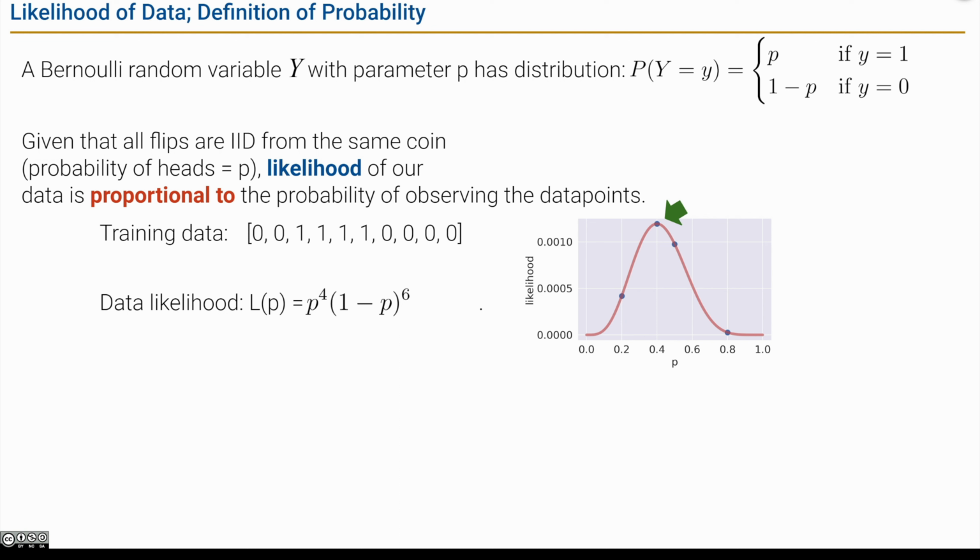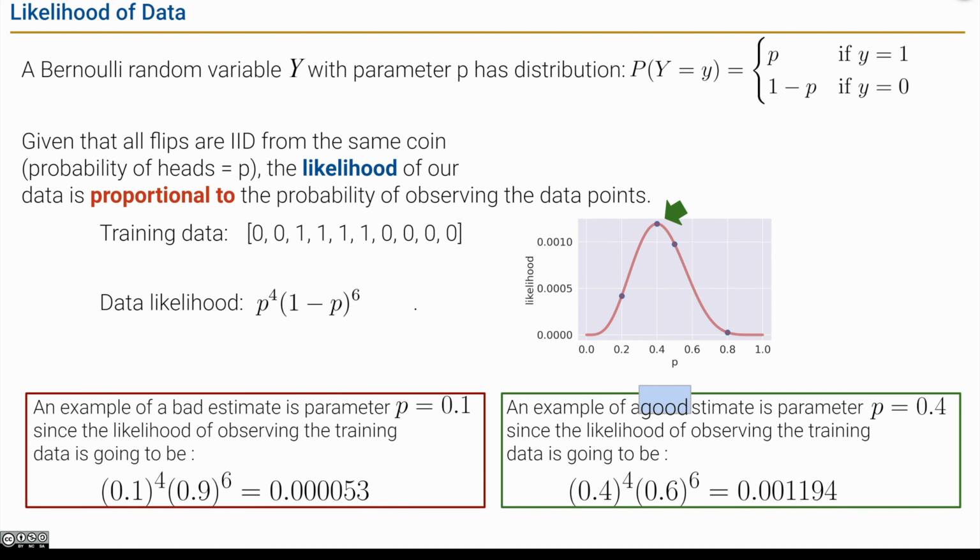So the likelihood function is p to the 4th times (1 minus p) to the 6th, because I had 4 heads and 6 tails, and we're assuming they're IID. We can see visually this is going to be maximized when p is equal to 0.4. And you proved that on a beginning assignment. You can do that using calculus and also visually via the graph.